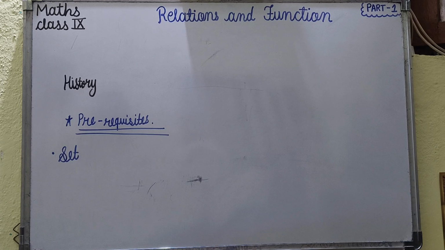We can readily classify them into three distinct groups. We can say that each of these groups is a collection of well-defined and distinct objects, or in short, a set.